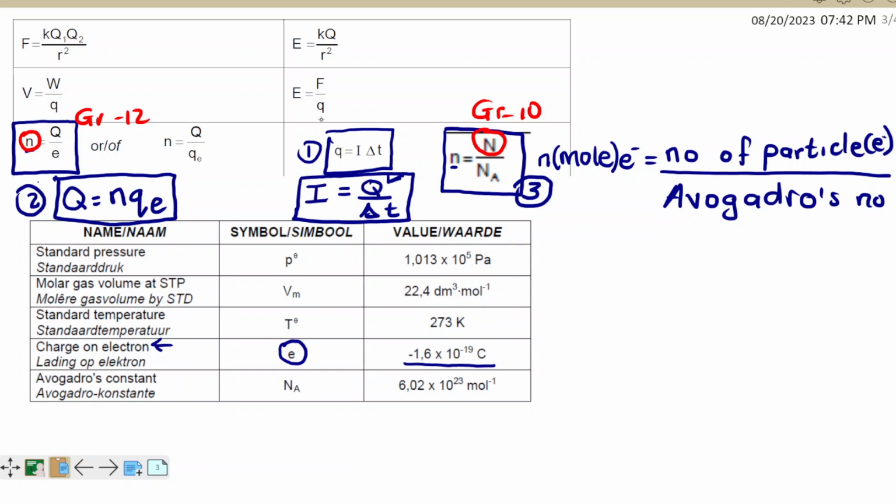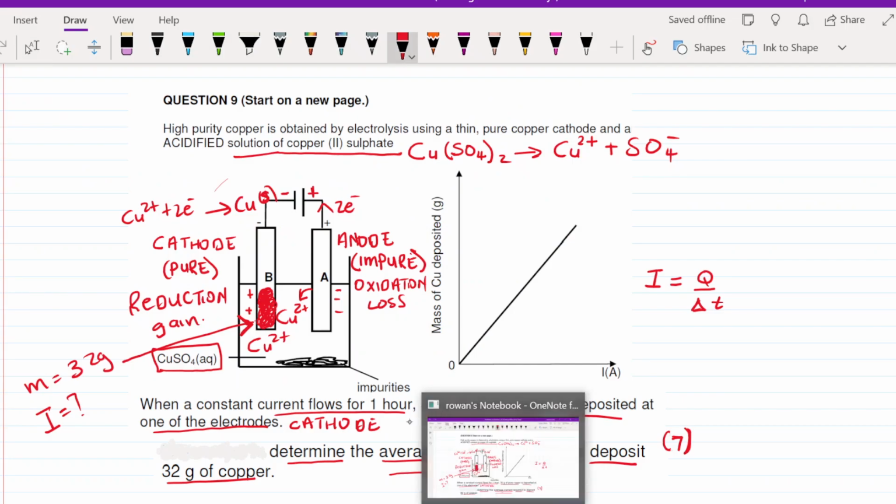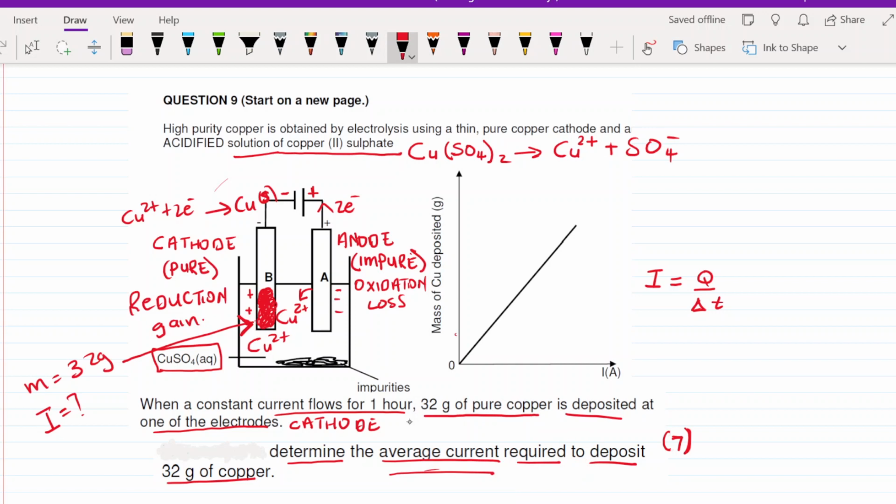So I'm saying to you, after now we managed to get this, remember we said we need the amount of charge. Why do we need the amount of charge? Because we want to find the current. For the current, we want to first find the amount of charge flowing, divided by time. They told us the time. They said the time is 1 hour.